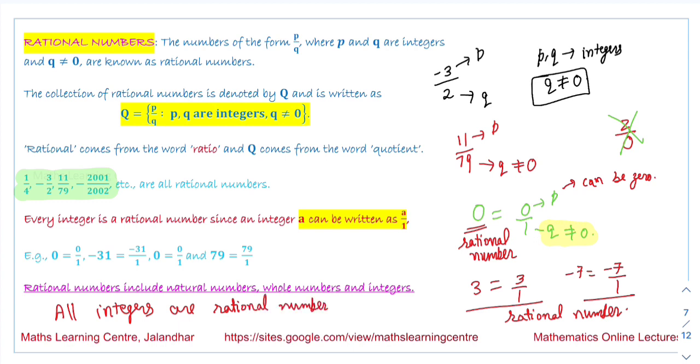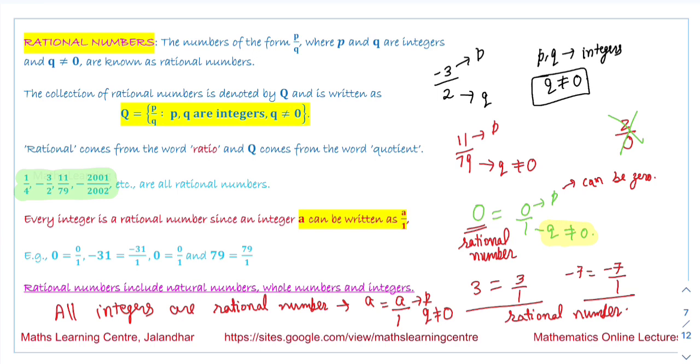Why? If we have to give the reason, suppose the integer is a, I can write a by 1. So this is in the form of p by q, where p and q are integers and q is not equal to 0. So we are saying that all the integers are the rational numbers.